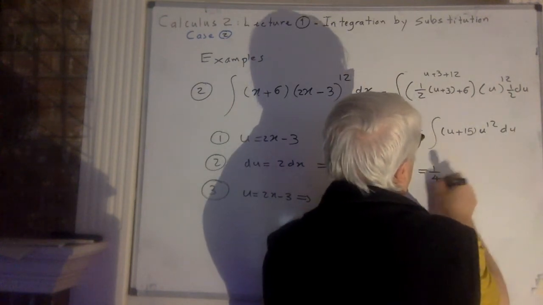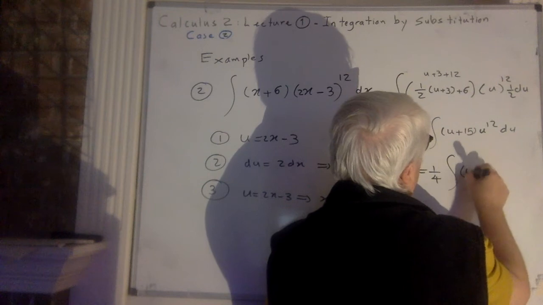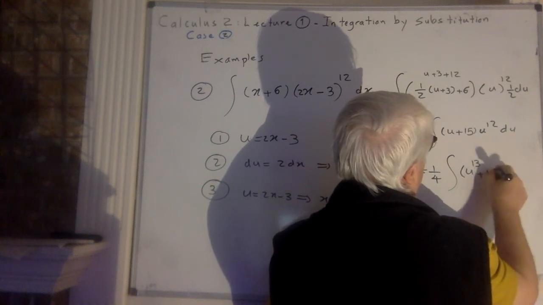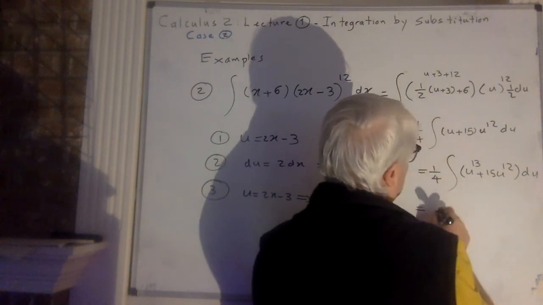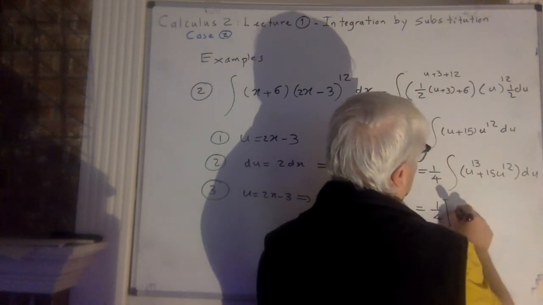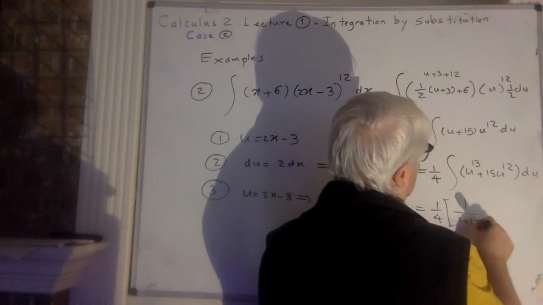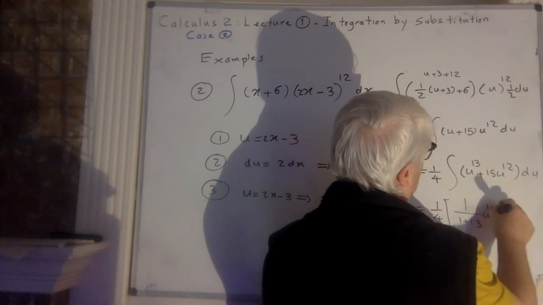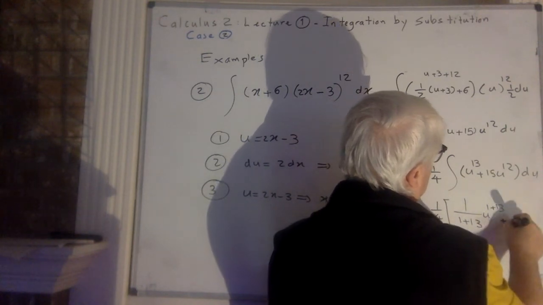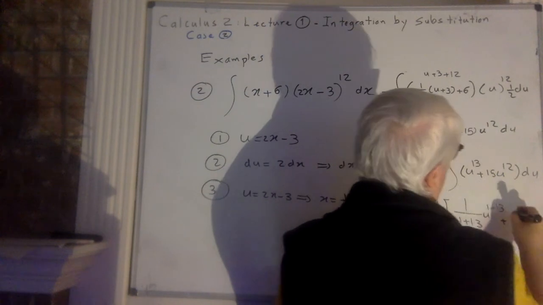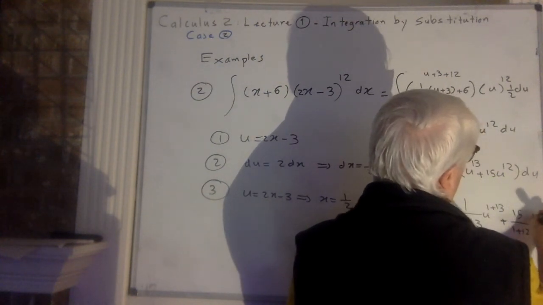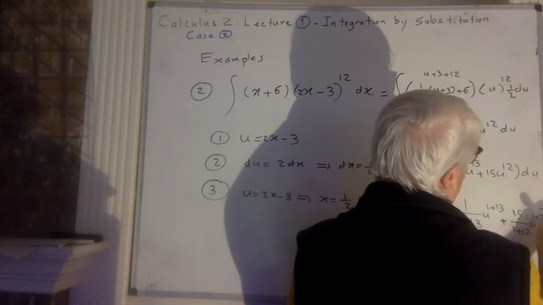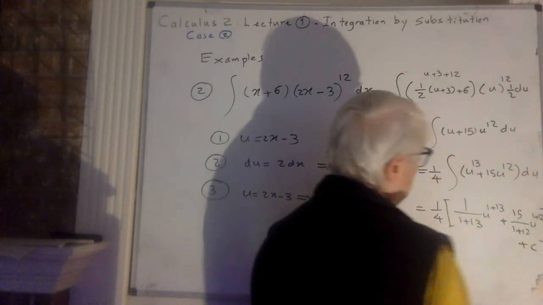So that is 1/4 integral of u to the power 13 plus 15 u to the power 12 du. So that is 1/4 times 1 over 1 plus 13 u to the power 1 plus 13, plus 15 over 1 plus 12 u to the power 1 plus 12, plus c.